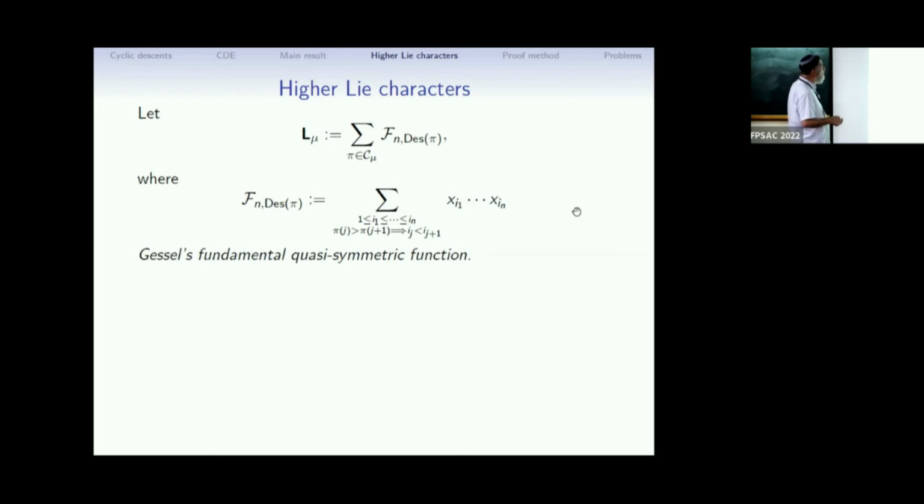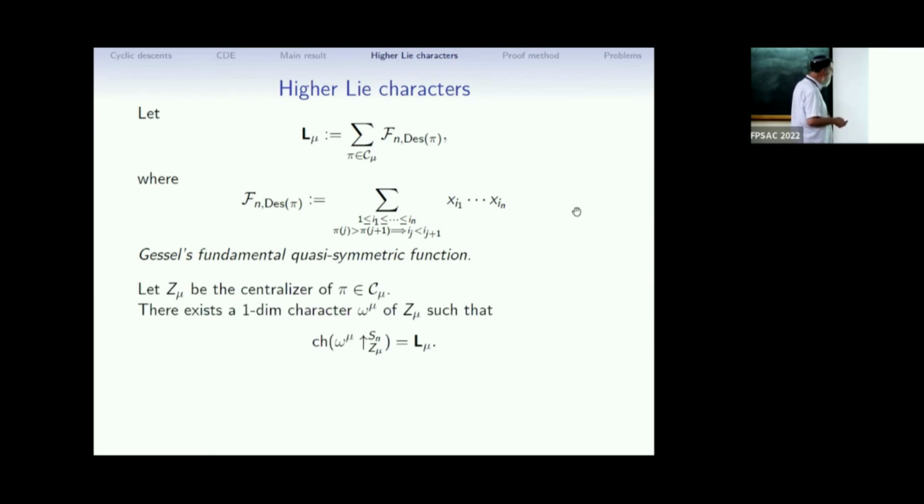So we look at quasi-symmetric functions. There is what people call the quasi-symmetric generating function for the descent set of a conjugacy class. It is not a symmetric function. If you're not used to it, there is a language of characters.